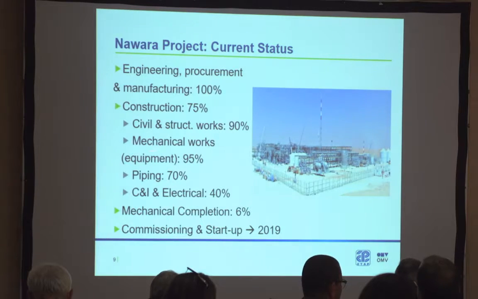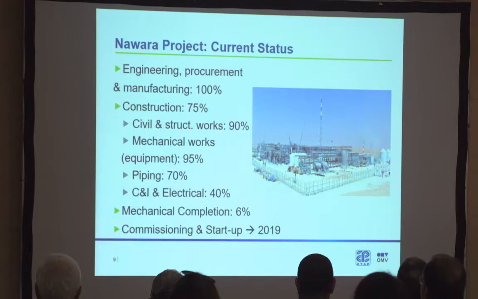We have the mechanical installation progress, 90%, the piping installation, and the control, instrumentation, and electrical progress. So we have weight of each item. We have a work breakdown structure, and based on the man-hour of each activity, we have the total progress of construction activity.